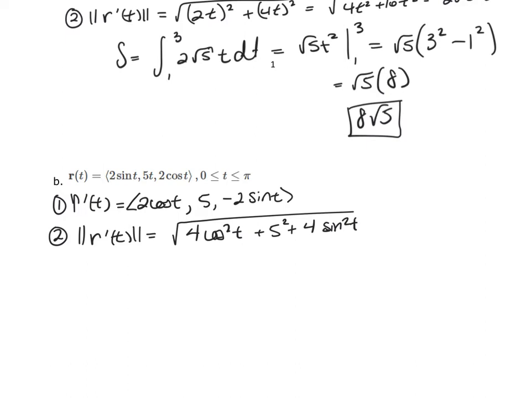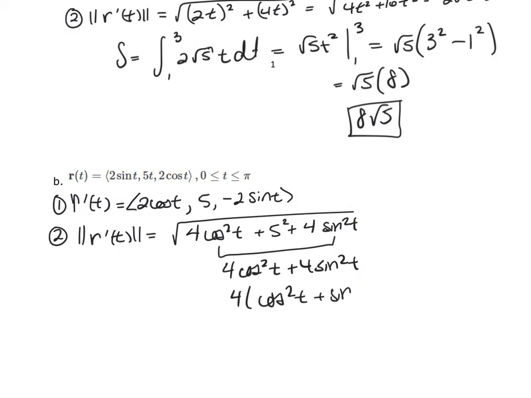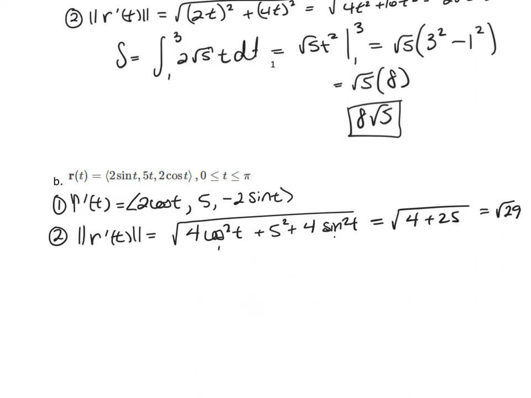Now, remember that I can bring these together, and if I have 4 cosine squared of t plus 4 sine squared of t, if I factor out a 4, I have cosine squared of t plus sine squared of t, but this is equal to 1, so this is just 4. So what I really have is 4 plus 25, which gives me the square root of 29. So even though it looked nasty, it really wasn't that bad.